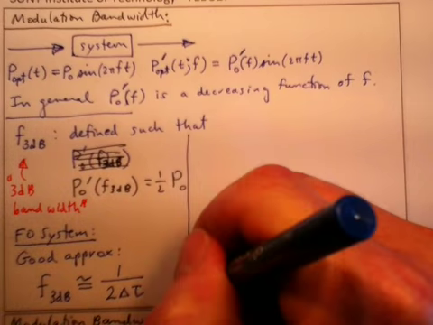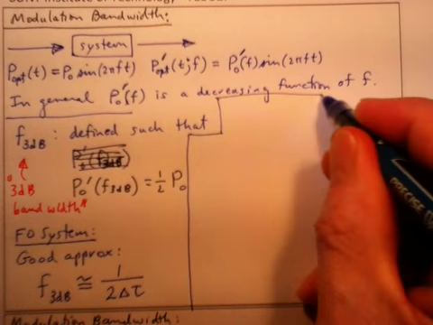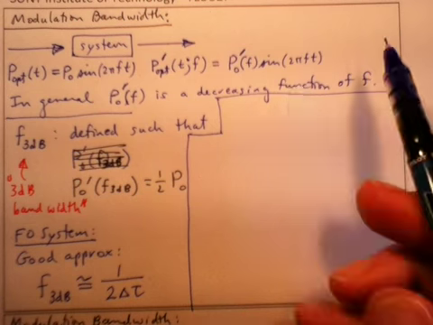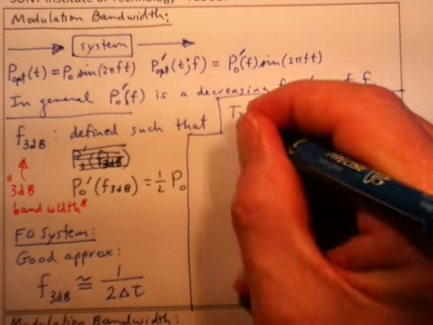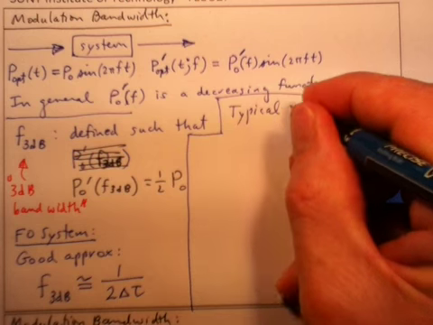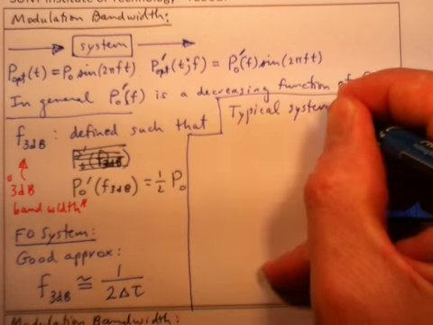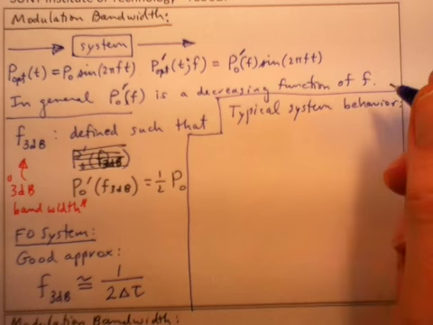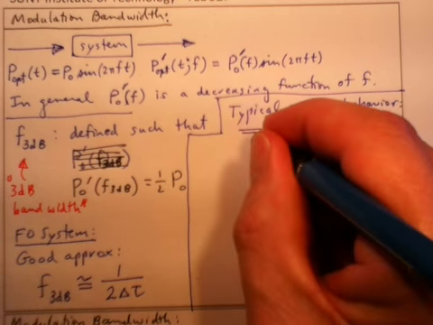Let me show you the typical behavior of this decreasing function of f. How does this behave? Typical system behavior is as follows. It's a Gaussian frequency response.